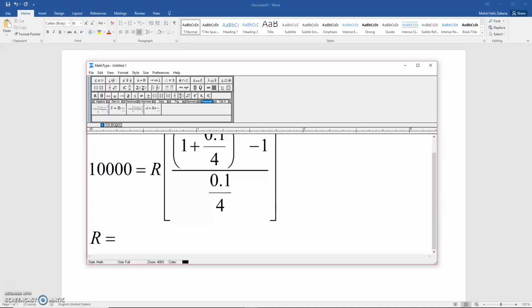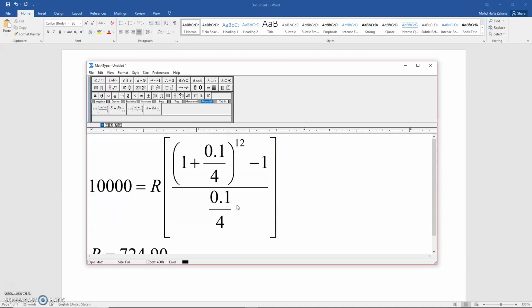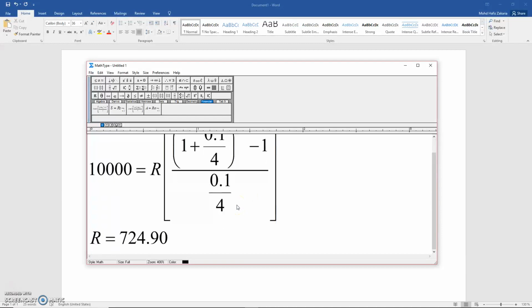So the R is actually equal to 724 ringgit 90 cents. Right? If you try to calculate it directly, you'll see that 724 ringgit and 90 cents times 12 times, right?